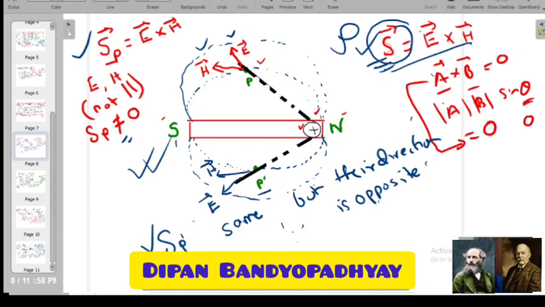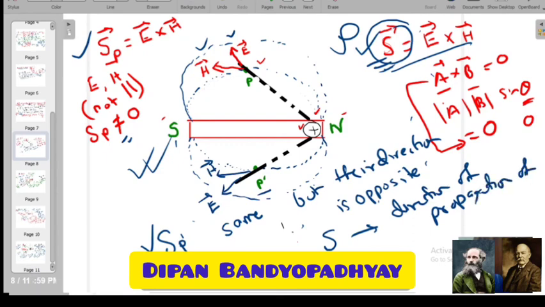Since E and H are perpendicular to the direction of propagation, the Poynting vector is also perpendicular to E and H. We have seen that, because it is E cross H, we are taking the cross product, so S has to be perpendicular to E and H, and then obviously S will be in the direction of propagation of the EM wave.